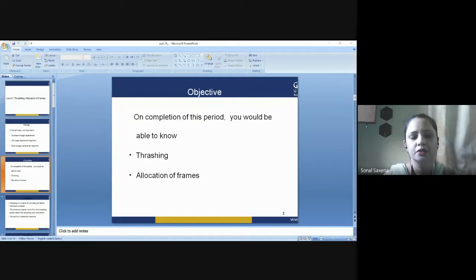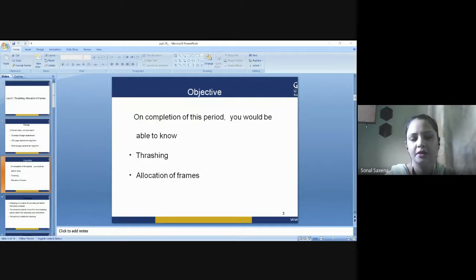Demand paging necessitates the development of a page replacement algorithm and a frame allocation algorithm. Frame allocation algorithms are used if you have multiple processes. They help decide how many frames to allocate to each process.